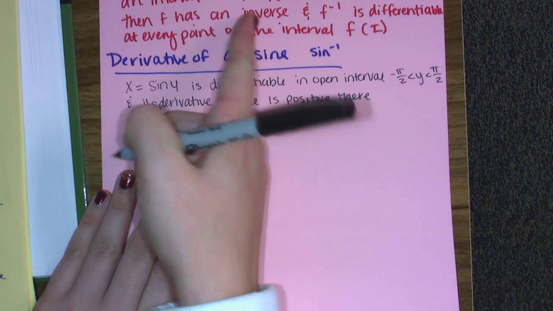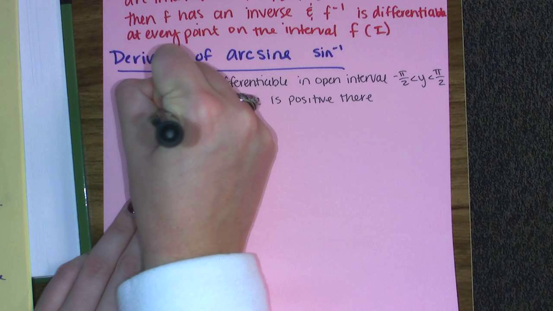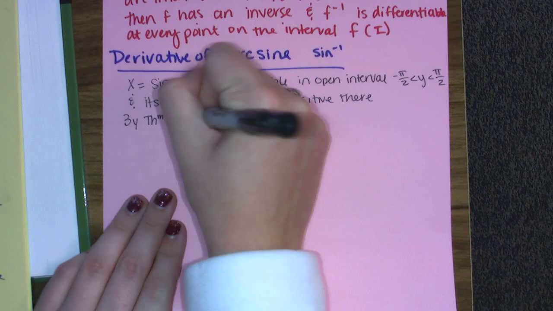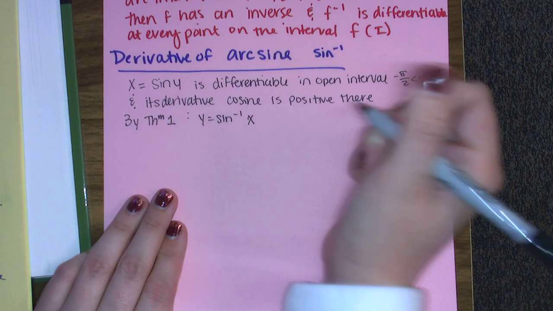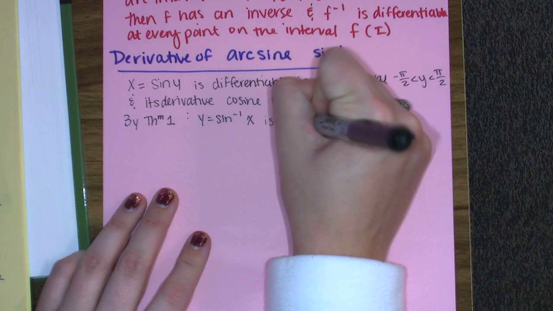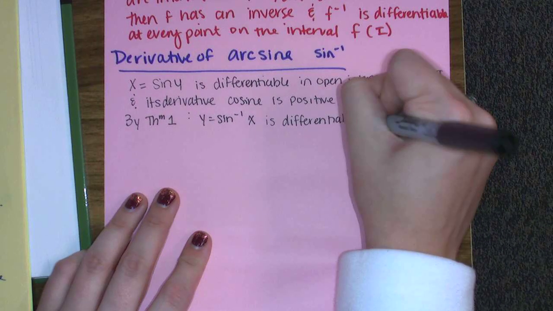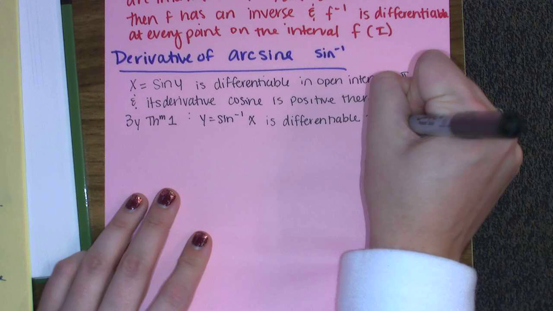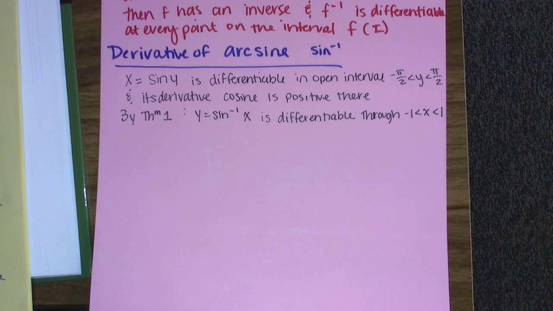So then by theorem 1, y is equal to the arc sine of x is differentiable through -1 less than x less than 1. Because remember, sine goes from -1 to 1.